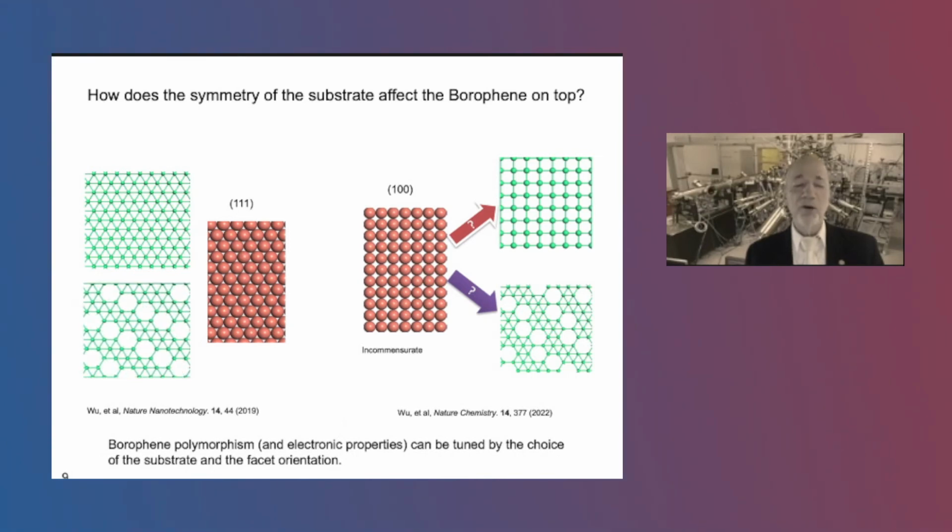And moreover, incommensurate coordination between borophene and the substrate can reduce their coupling. So with this motivation, we decided to try a copper 100 surface, which has a square lattice. And we discovered that borophene can form on it. And moreover, it was a new phase, a new allotrope of borophene. And so we found that the symmetry of the substrate indeed affects the structure of the borophene on top.